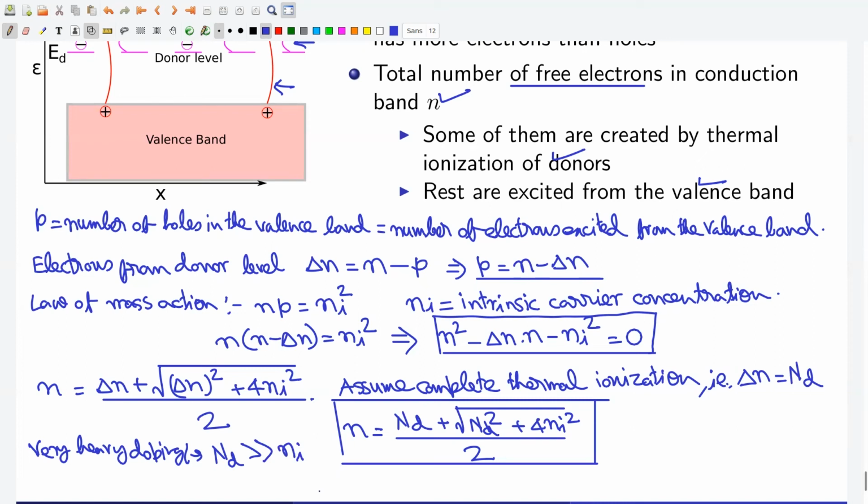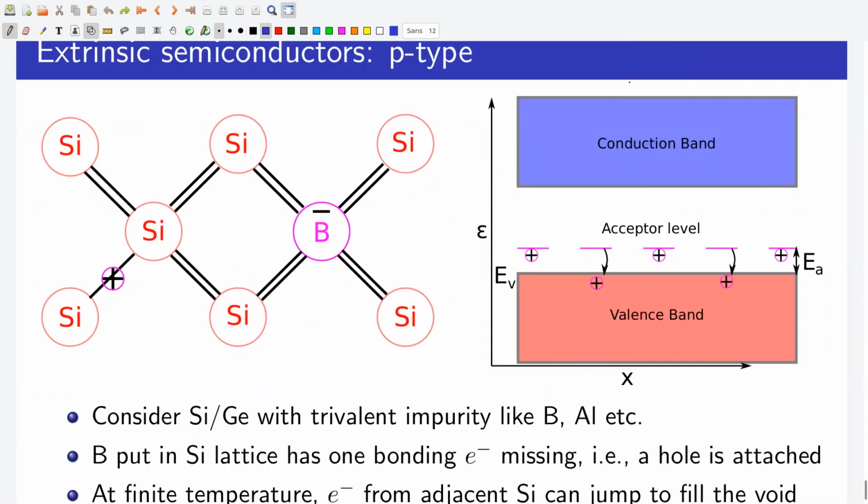In that case, the contribution from the intrinsic part is negligible, and we can write N as almost entirely coming from the donor atoms.